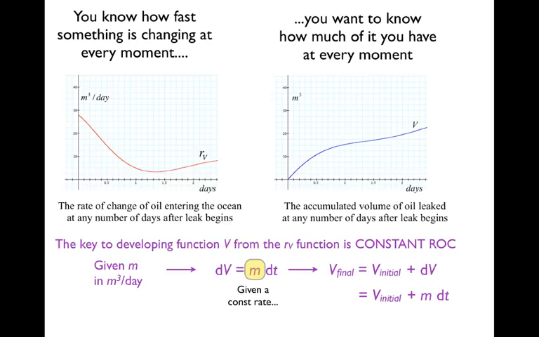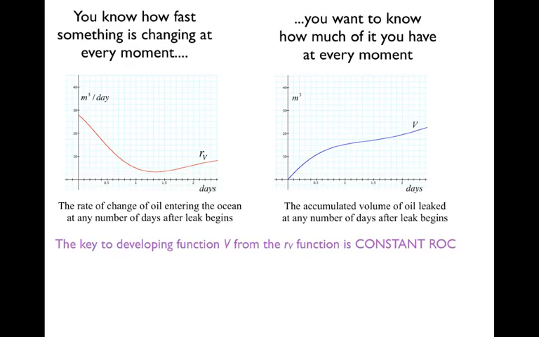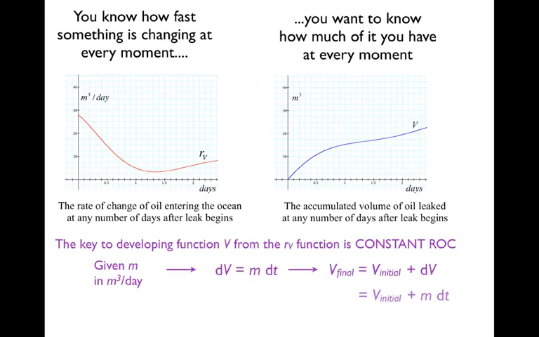And what does dV equals m dt give us? Okay, so you're given a constant rate.